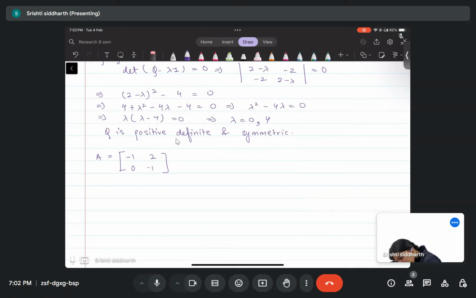So our determinant of A minus lambda I equals 0.